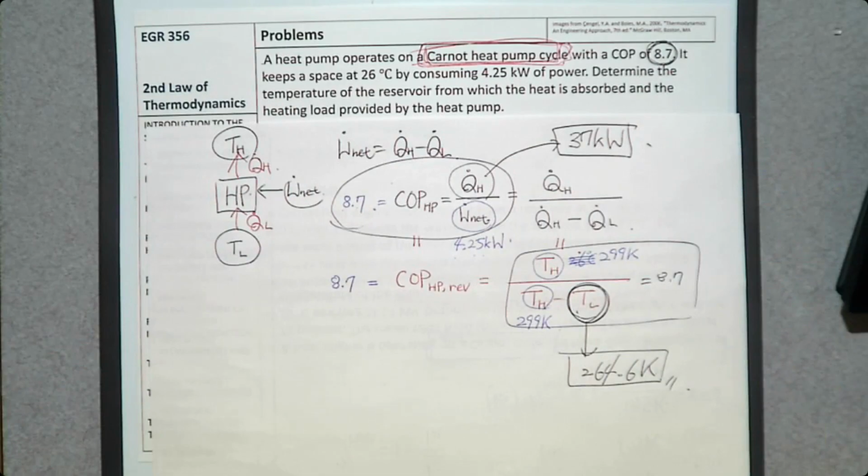We are only spending 4.25 kilowatt of electric power, and we can provide 37 kilowatt of heat into the house. That's how a heat pump works. Any question? It's too easy, right?